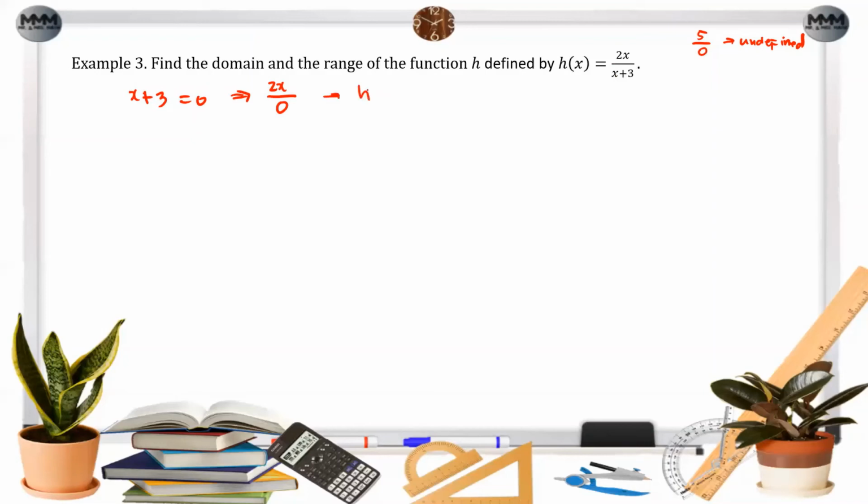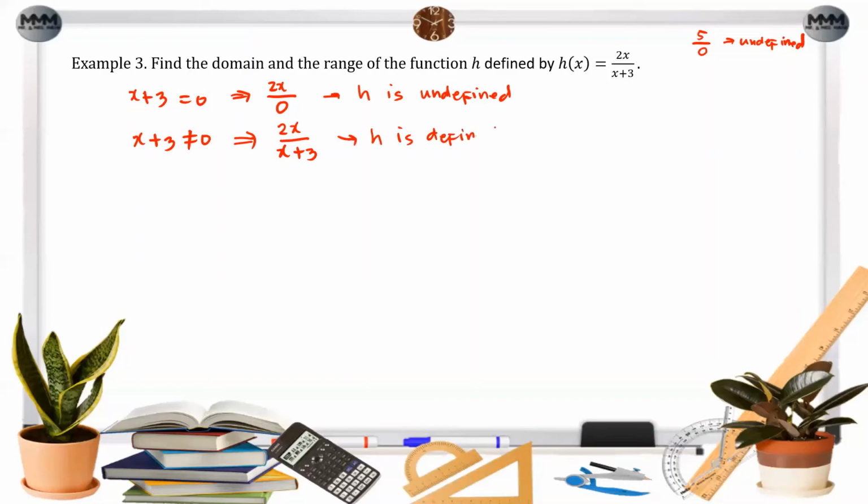Here, the function h is undefined. However, if x plus 3 is not equal to 0, which means 2x over a nonzero x plus 3, h is defined here.